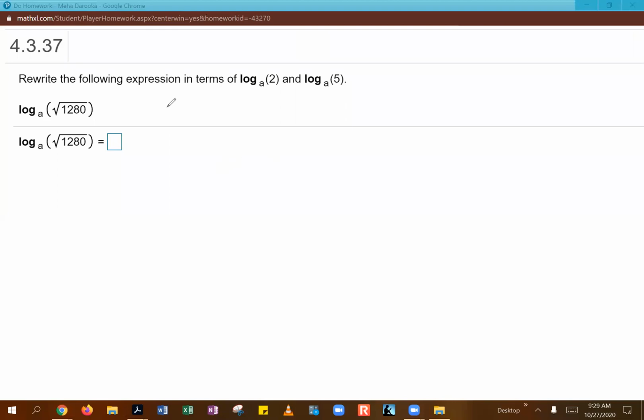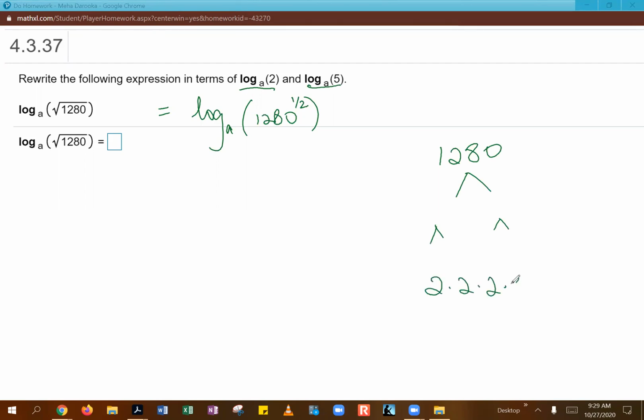Since you can see you have a square root on your 1280, obviously convert it to your exponential notation, then you can use the power rule. But you will see they're specifically asking us to rewrite this in terms of log of 2 and log of 5 with base A. So my recommendation would be to try and see what you can break this 1280 into, because you're looking for multiples of 2s and 5.